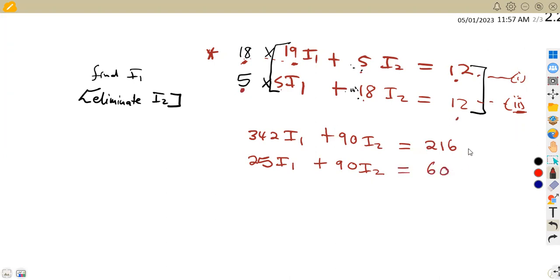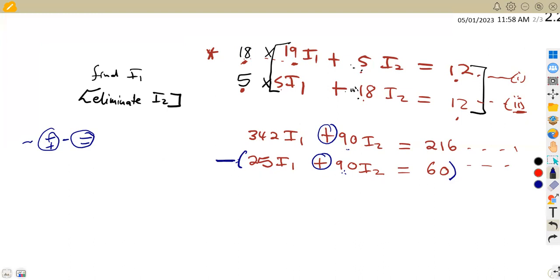So we have our equation 1 and our equation 2, with I2 having the same coefficient, in this case 90, 90. It's a plus in this case. If the two signs are the same, a plus and a plus, you subtract. Whether it's a minus and a minus, you subtract. That means I'm going to subtract the second equation from the first equation, equation 1 minus equation 2.